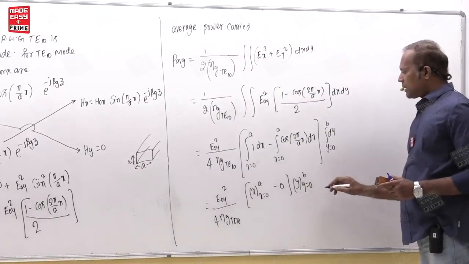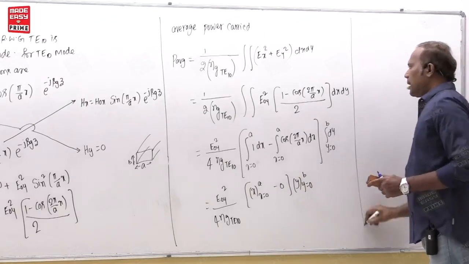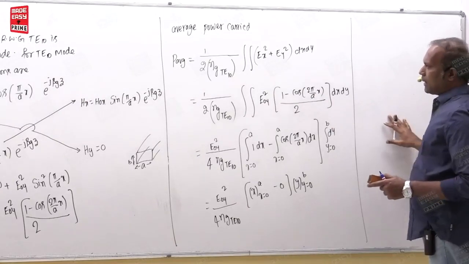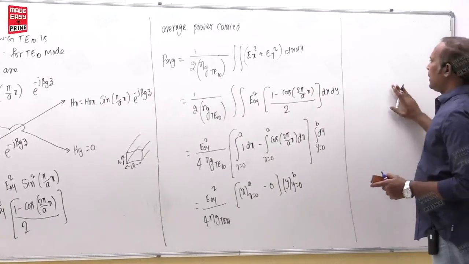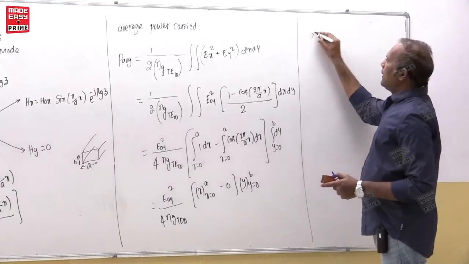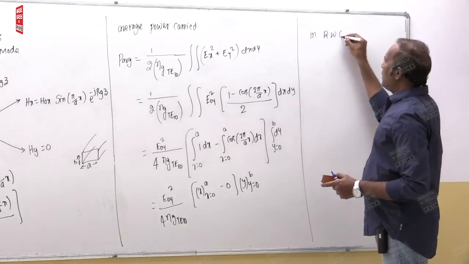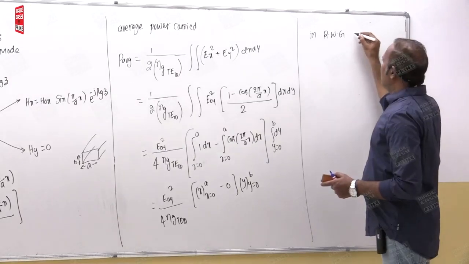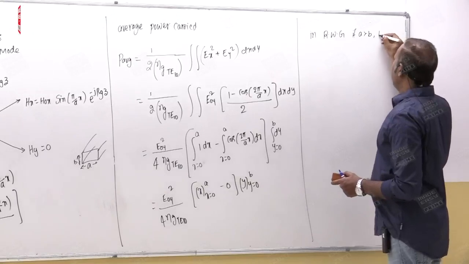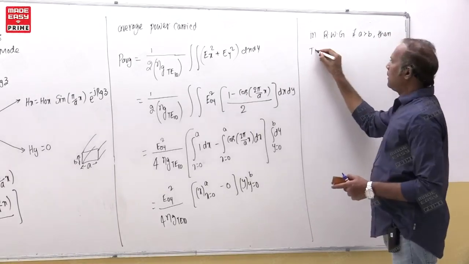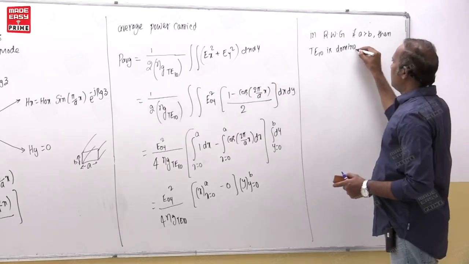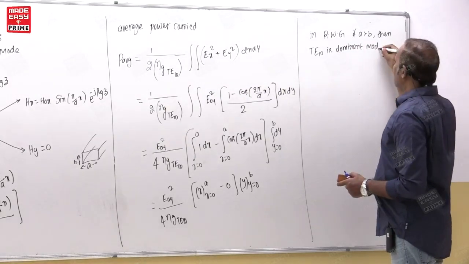So after doing the derivation, dear students, I am writing the formula to remember from the entire discussion. Only you have to remember the formula I am writing here. In a rectangular waveguide, if a is greater than b, then TE10 is the dominant mode.